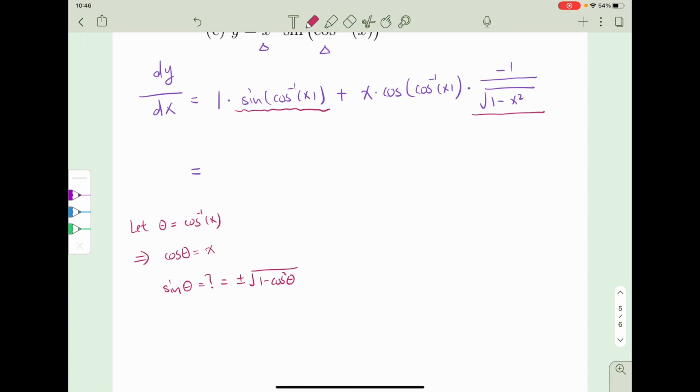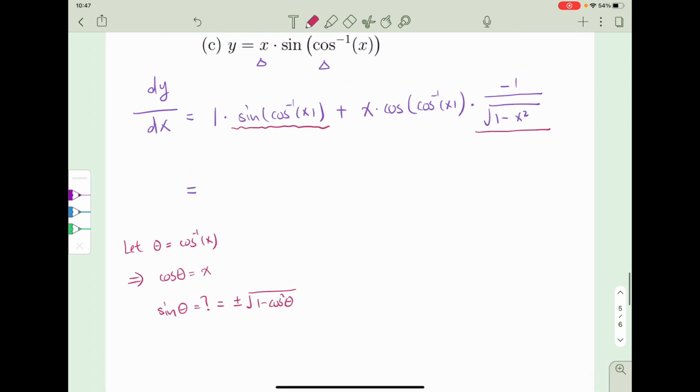And here we need to choose the sign. How can we do that? Keep in mind that this cos inverse is inside the interval from 0 to pi.